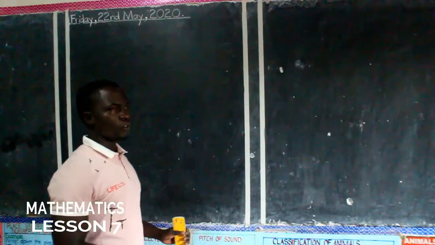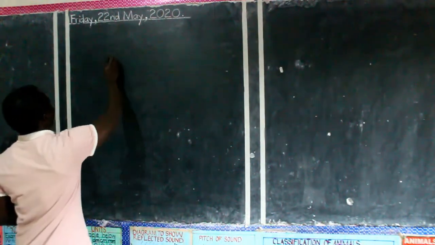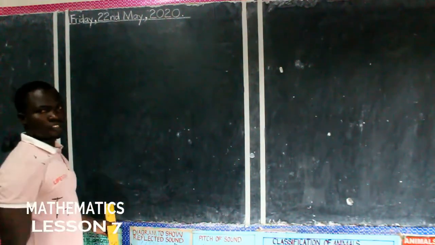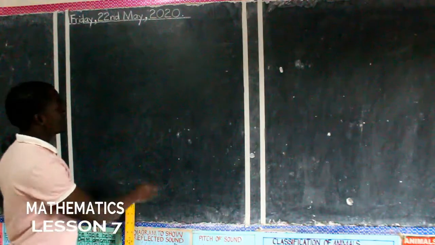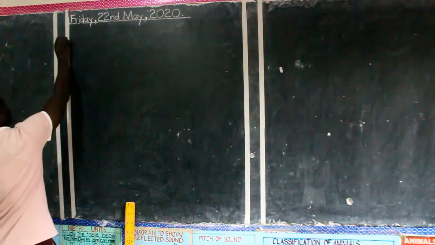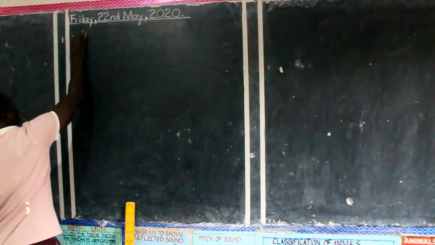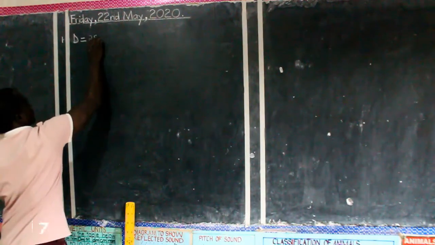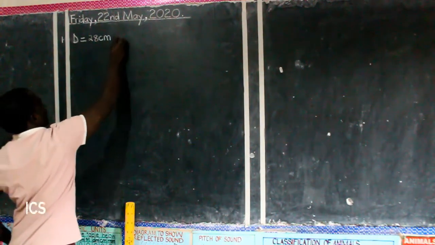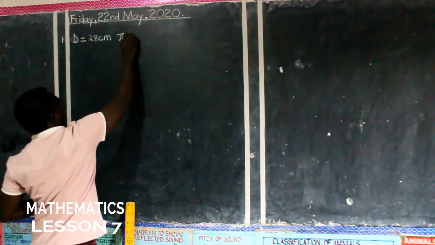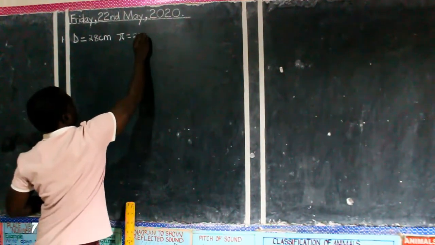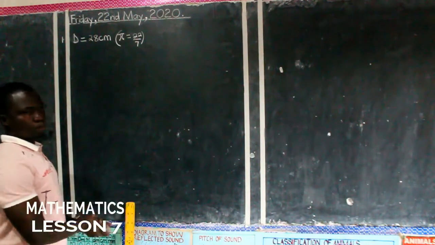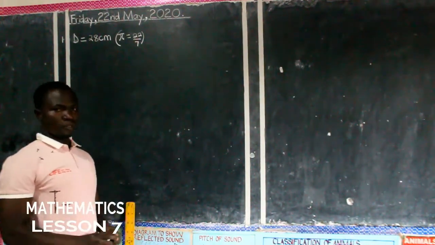And the first question was, find the area of a circle whose diameter is 28 centimeters. And the pi given was 22 out of 7. Okay? That was the question.